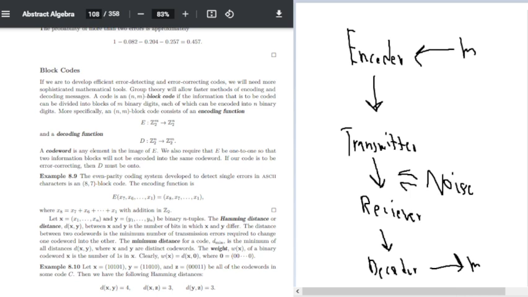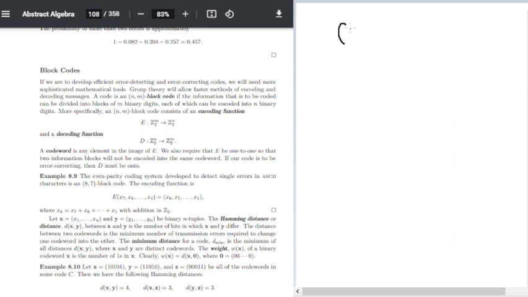I will actually write this down because this seems like it's going to be a kind of complicated definition. So, n,m block code. Let me write that. It's supposed to say block. That was horribly written. Okay.